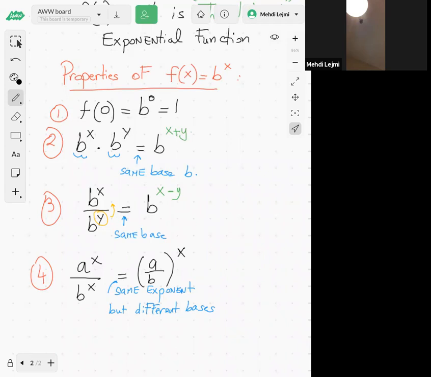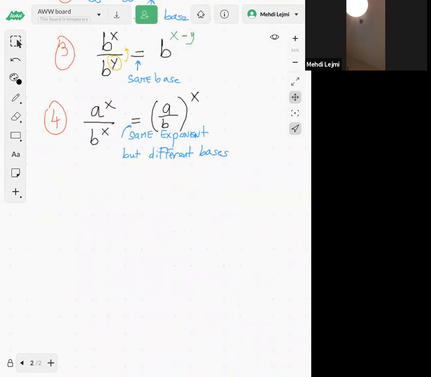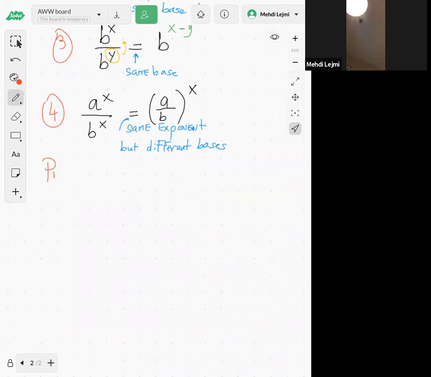Now, next we're going to discuss some properties of the graph of the exponential.